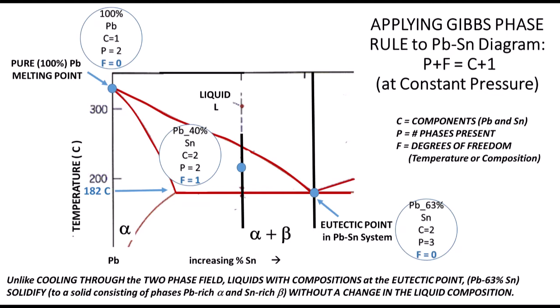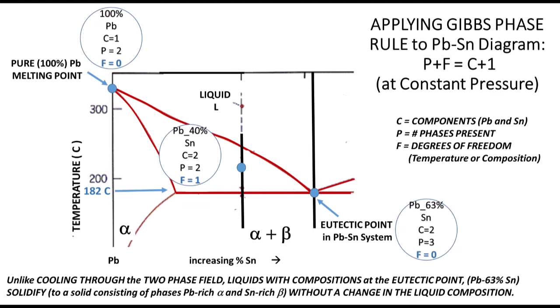If we apply Gibbs phase rule, for example, at the eutectic point, the number of components is 2, lead and tin. The number of phases present is 3. There's liquid just above the eutectic point and therefore exists at the eutectic point. And you have the phases alpha, which is a lead-rich phase containing small amounts of tin, and there's beta, which is a tin-rich phase containing small amounts of lead.